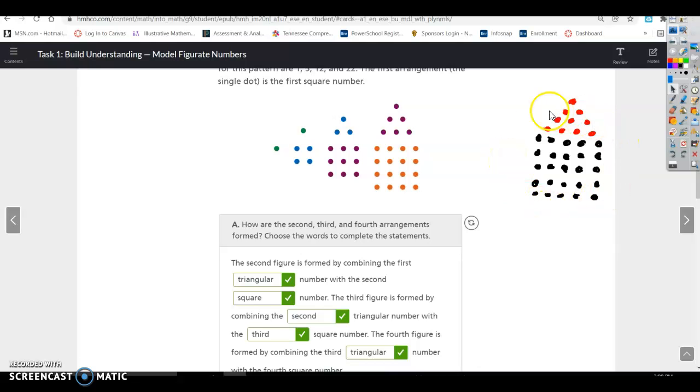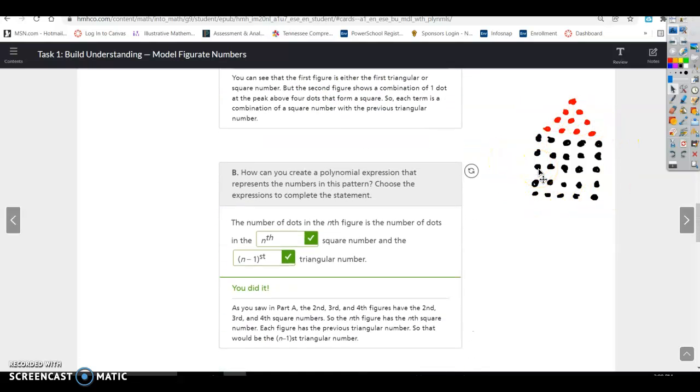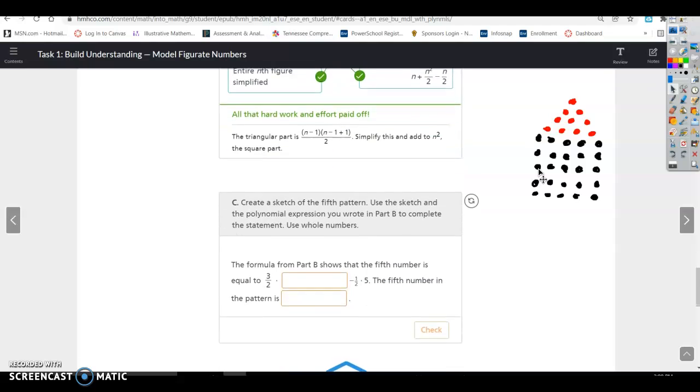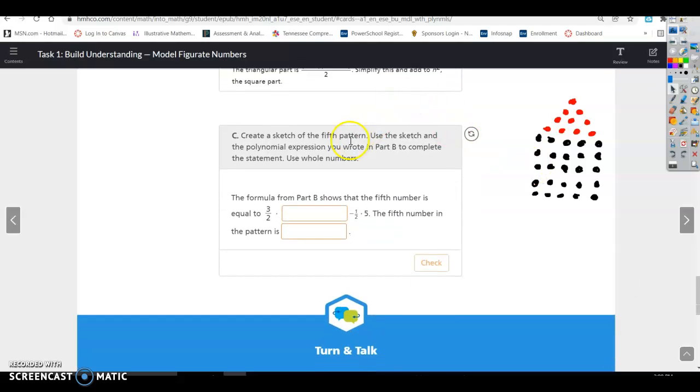So this was our next drawing in the pattern, and that's what it told us to do. It said create a sketch of the fifth pattern. Use the sketch and the polynomial expression you wrote in part B to complete the statement, use whole numbers. So the formula for part B shows that the fifth number is equal to 3/2 times something minus 1/2 times 5, and the fifth number in the pattern is what?